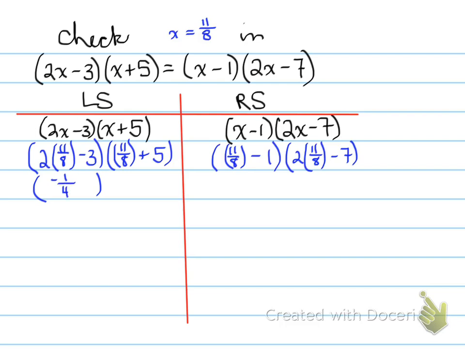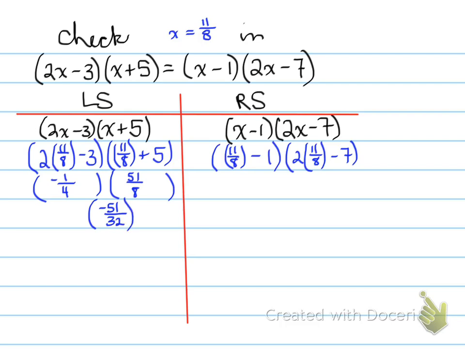And that's the answer for the first part. And the second part is going to be 11 over 8 plus 5, which is 51 over 8. All right, and our final answer is going to be negative 51 over 32. And that's the left side.